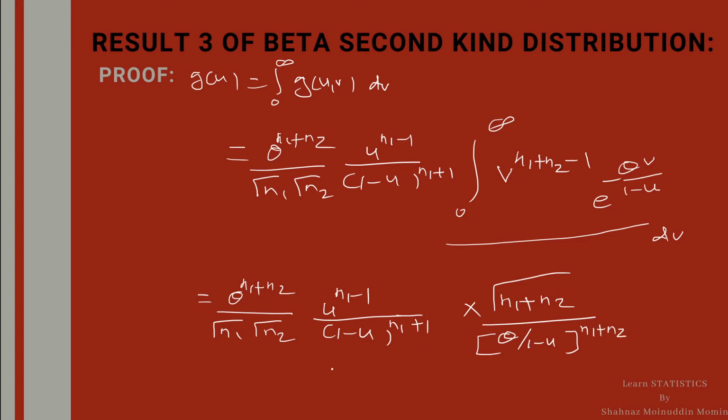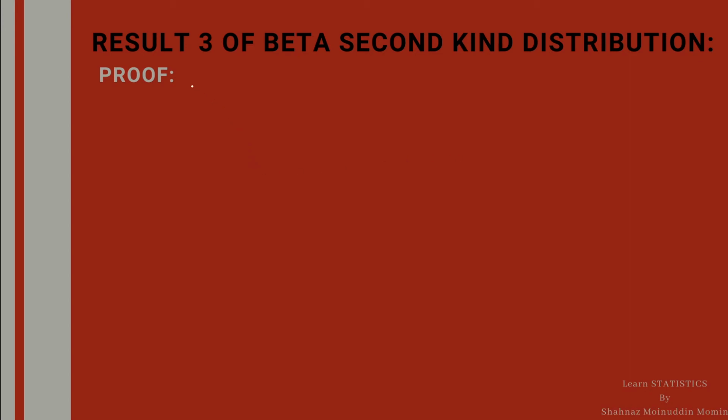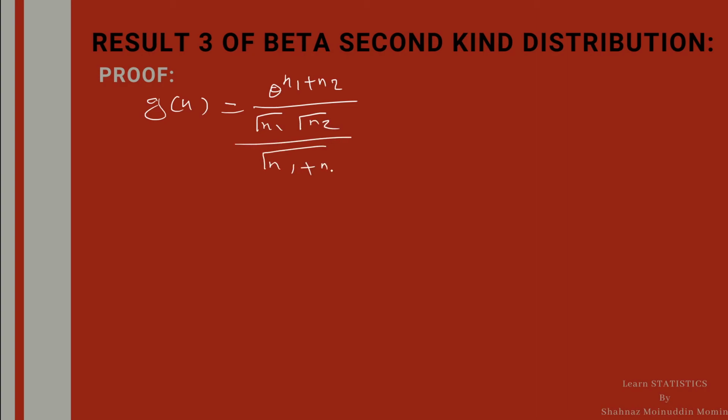After rearranging the terms, we get g(u) is equal to theta raised to n1 plus n2 divided by gamma n1 gamma n2 upon gamma n1 plus n2, u raised to n1 minus 1, 1 minus u raised to n1 plus 1 multiplied by 1 minus u raised to n1 plus n2, divided by theta raised to n1 plus n2.